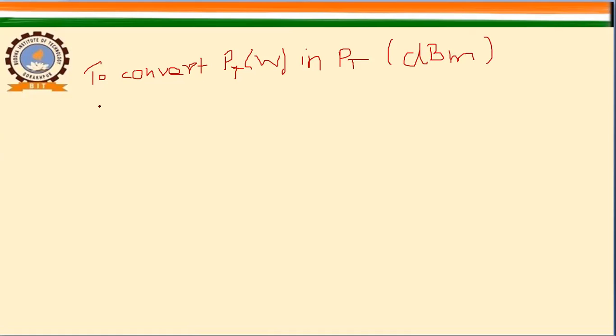So first of all, to convert power in watt to dBm: how do we do this? Power of transmitter in dBm is given by 10 log of P of t over 1 milliwatt.